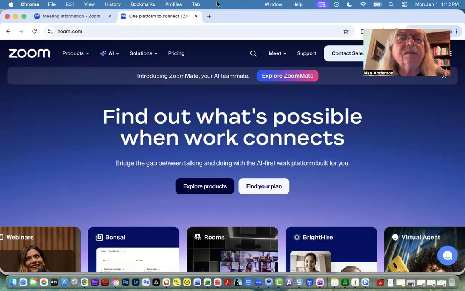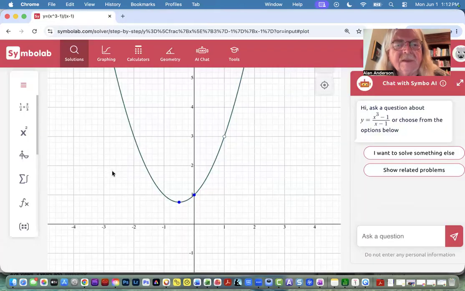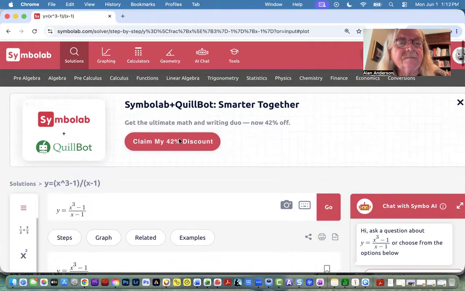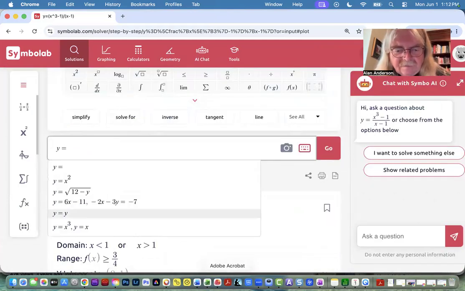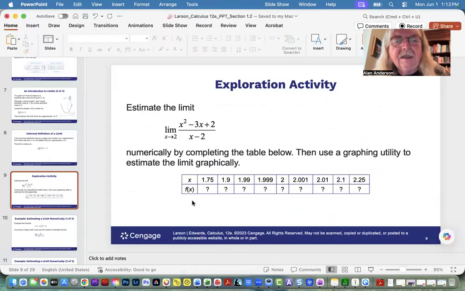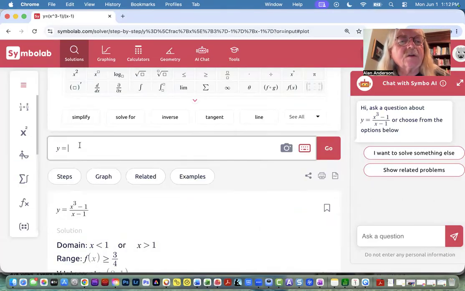Whoops, that's not what I wanted. There it is. All right, here we go. So we have the ratio, oh yeah, no, we're just going to draw the graph.